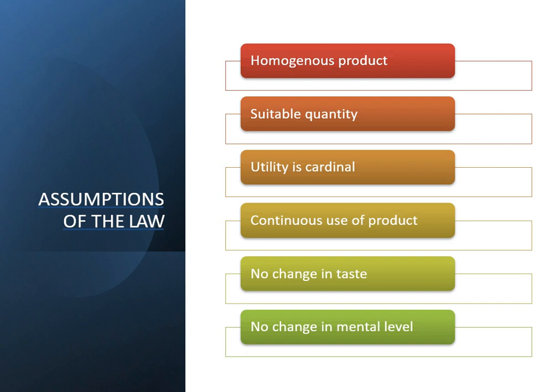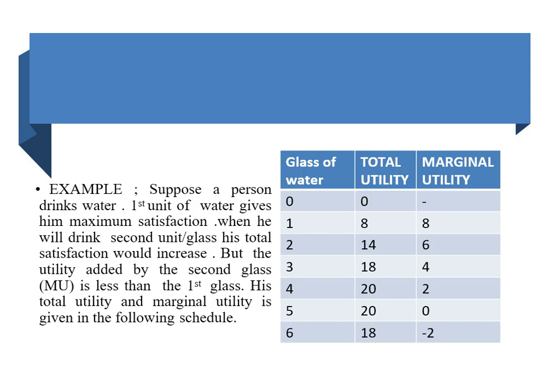It will not change however many units we have consumed. So homogeneous product means the commodity or the unit which we used the first time, we have to use the same for the second, third and so on.